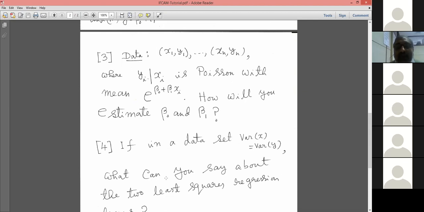Every time you write down the likelihood using the conditional distribution of Y given X. And the conditional distribution of Y given xi is Poisson with parameter lambda i, and lambda i is this expression. Sir, after doing that, I will take the log likelihood and then take the derivative. Yes, and that will be a very complicated expression. You will not be able to solve it manually, and you will not get a nice expression for the maximum likelihood estimate either.